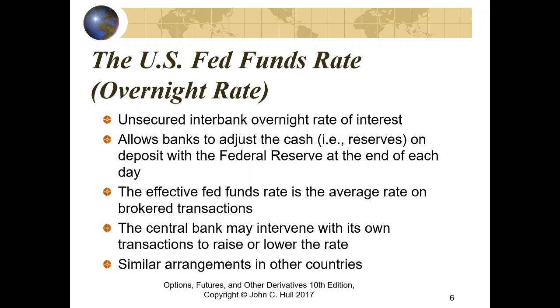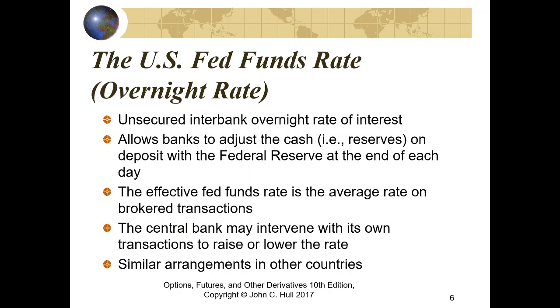The next rate is the US, or not necessarily only the US, the federal fund rate, or sometimes called the overnight rate. The overnight rate is an unsecured borrowing between banks overnight.